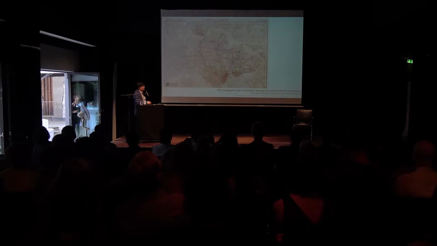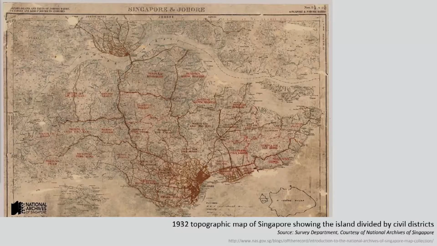In 1932, this map shows the very built-up area around the Singapore River with all the major historical sites, as well as the commercial establishments in the center.